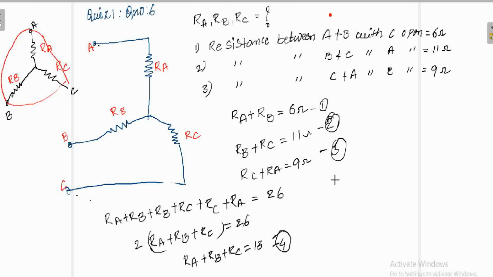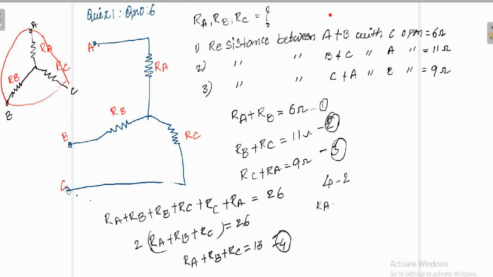I want to find RA. If I want to find RA, here I know the RB plus RC value. So do equation 4 minus equation 2.